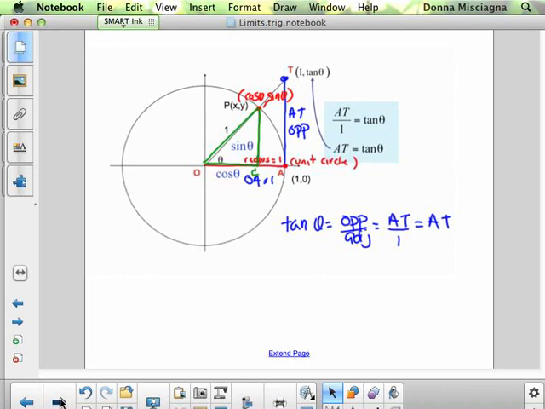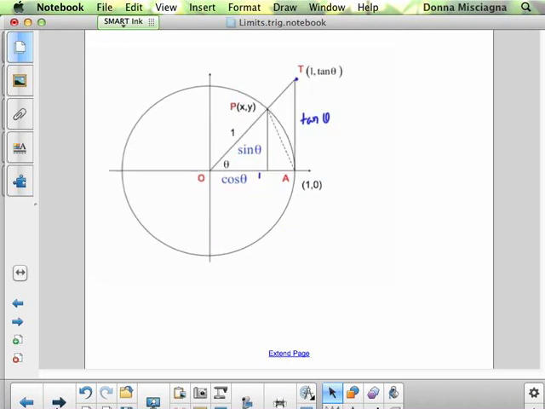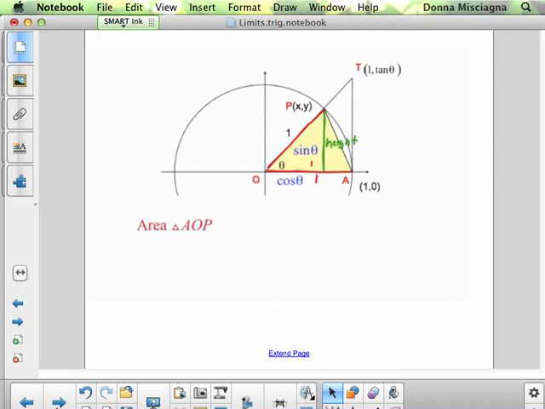All right, anyway, now let's go back to this triangle here. So we have the yellow triangle there, triangle AOP. And that triangle is smaller than triangle OAT. I think we can all agree that yellow triangle is definitely smaller than that big triangle.